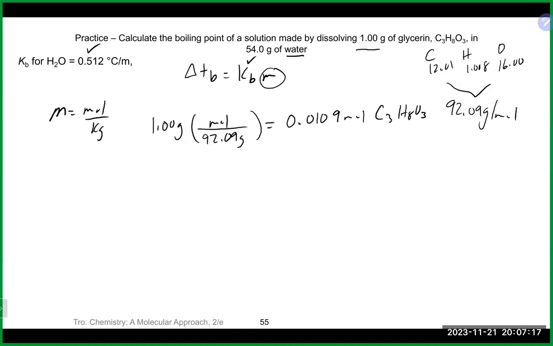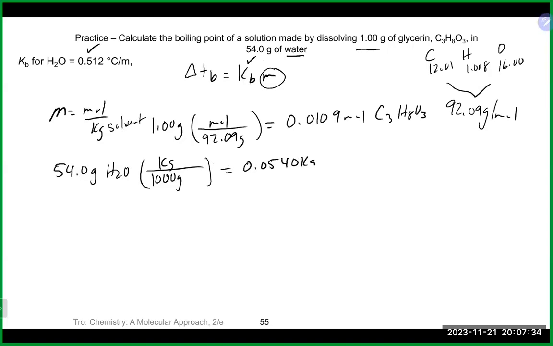And we want to divide it by kilograms of our solvent, in this case water. We do have to convert our grams of water into kilograms. So 1,000 grams is a kilogram, or move the decimal. We'll do that for you.